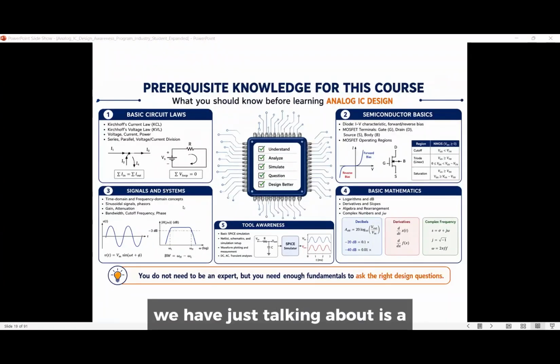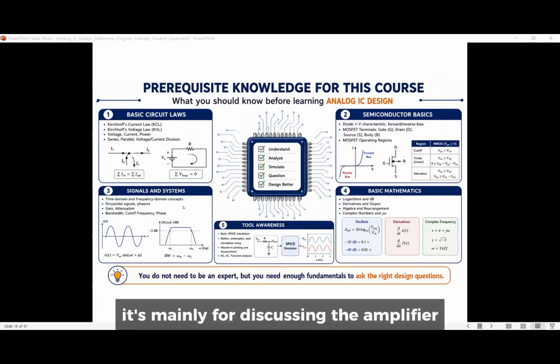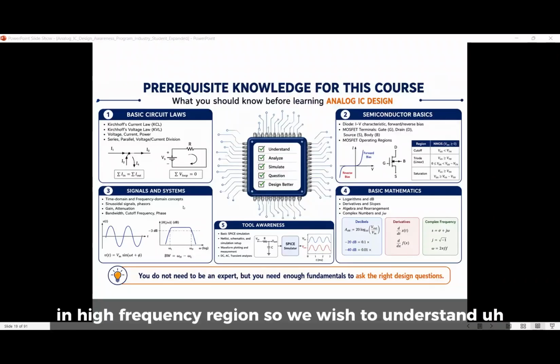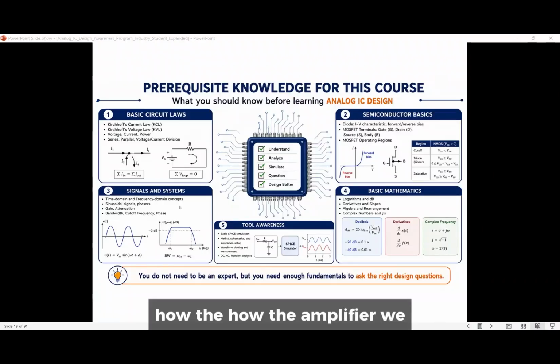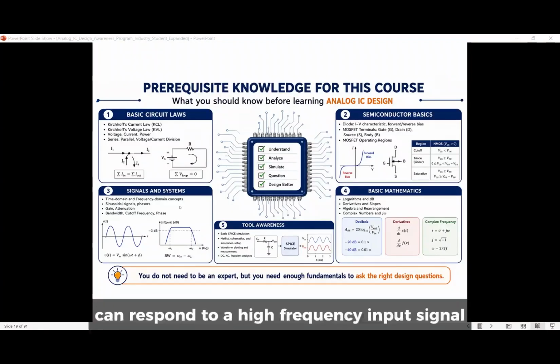What we have just talked about is mainly for discussing the amplifier in the high frequency region. So we wish to understand how the amplifier we have designed can respond to a high frequency input signal.